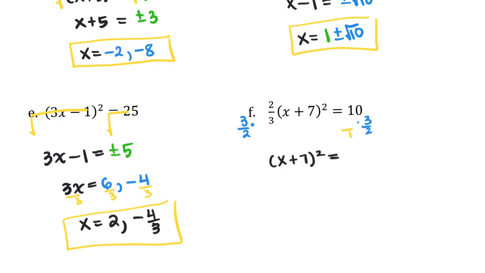I'll do it to the side. Okay, it's fractions. I'm going to multiply the top, the numerators. 10 times 3 is 30. At the bottom, 1 times 2 is 2. 30 divided by 2, 15. Okay, now we're ready to square root it. And I'm going to subtract the 7 to the other side.